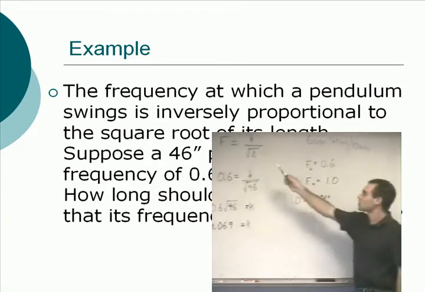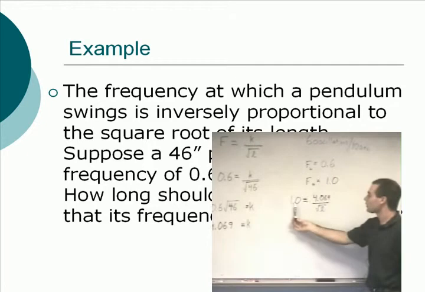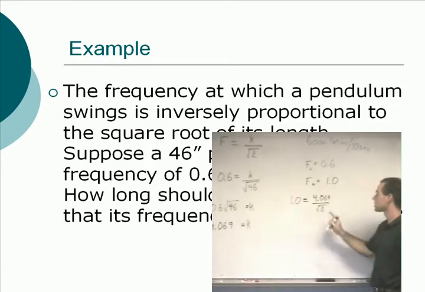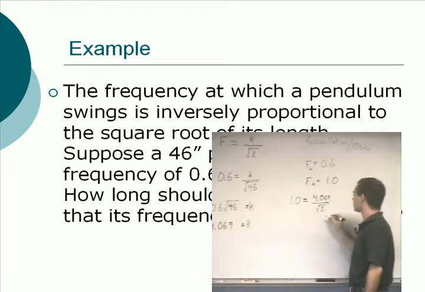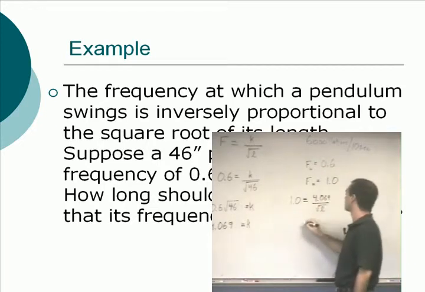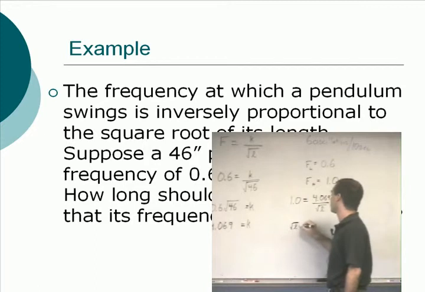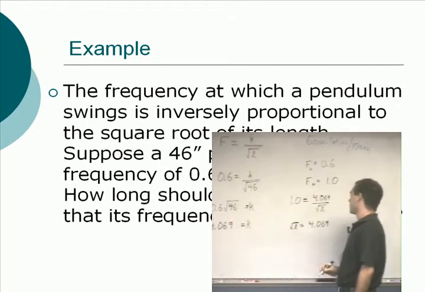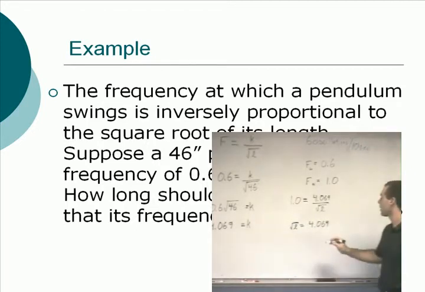Taking our relationship between frequency and length, filling in the frequency we want, that's our K value that we just found, and now we'll find the length that we want. So solve this. Multiply both sides by the square root of L, and we get the square root of L equals 4.069. So L equals what?